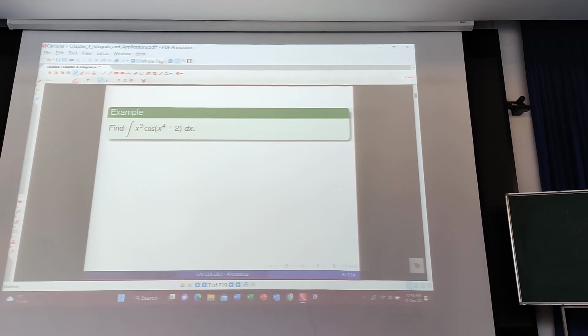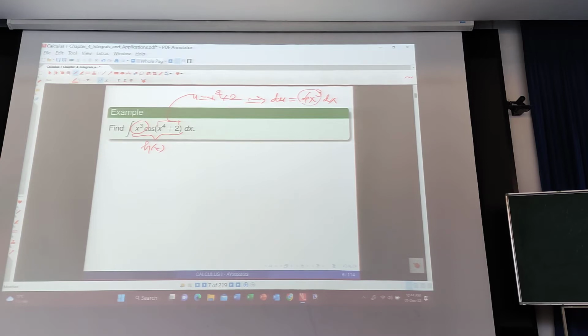But now, this function h of x is complicated, and you can see that if we think about x⁴ plus 2 as u, then how about du? du is 4x cubic dx, or x cubic dx is 1/4 of that.